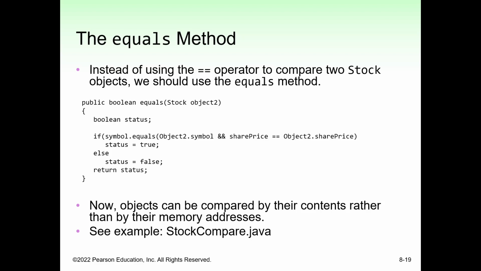Now, how do we work from here, right? We cannot use our equal signs. Well, luckily, Java has an equals method, and that equals method is a perfect way to check if the values of your objects are the same.